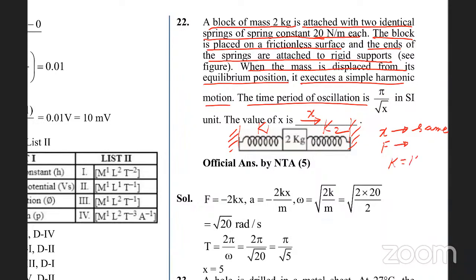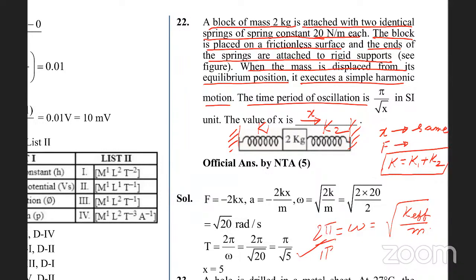The effective spring constant K is equal to K1 plus K2. And the springs are parallel, K1 plus K2. Then the angular frequency omega is root of K effective by M. If you apply this concept, you will get the time period, because omega is 2 pi by T. From that, you can calculate the X value. So the X value is 5.